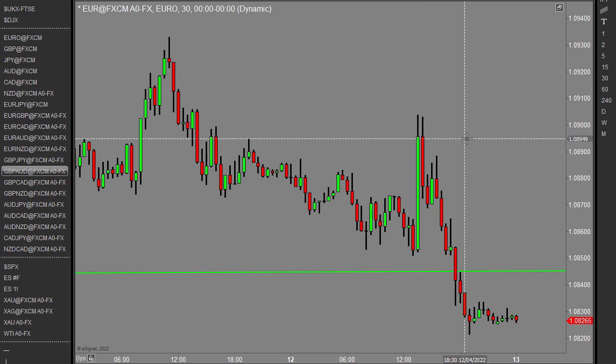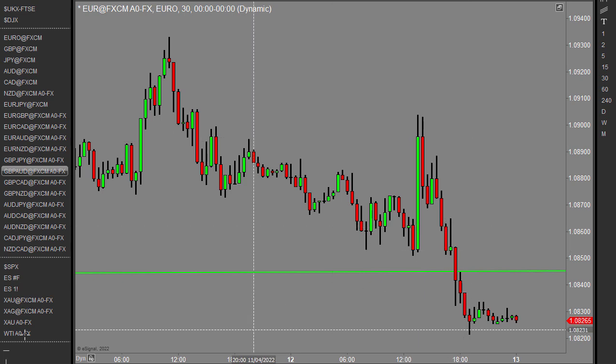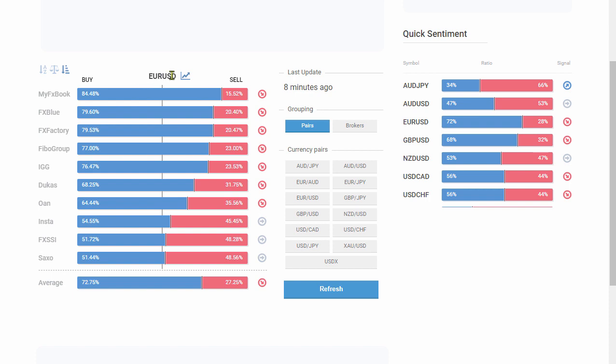It seems that I'm a bit alone on this, I suppose, at times when I look at things like the sentiment of traders. This is the euro dollar, and when you look at the average, there's 72% of traders' money sitting in there on a bullish basis. They're on the long side. And even the big brokers like Oanda, 64% on the bullish side.